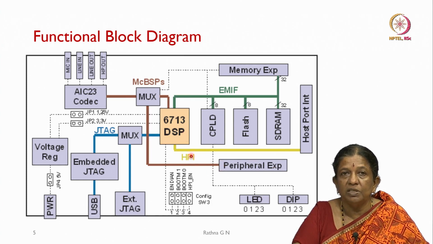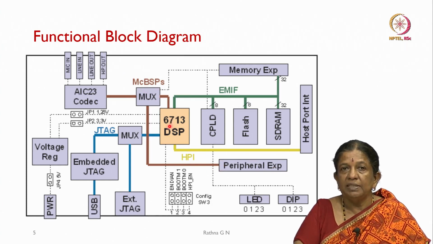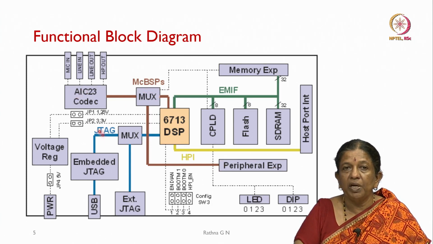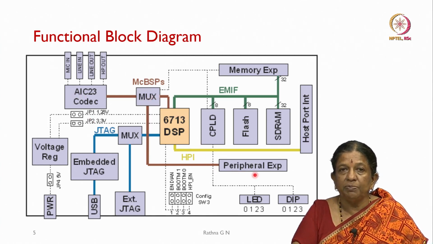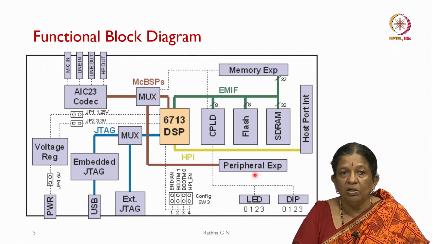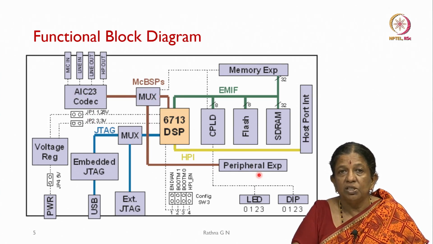Using McBSPs, one of them is going to be selected, either your codec or peripheral expansion. With the peripheral expansion, we can add a camera unit, daughter card and other things to give extra features to the board.